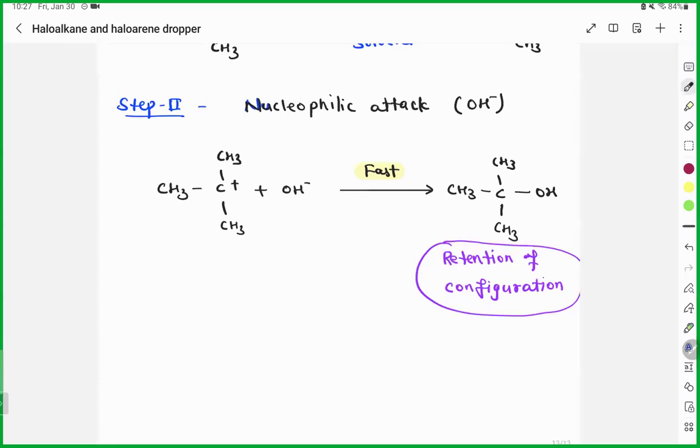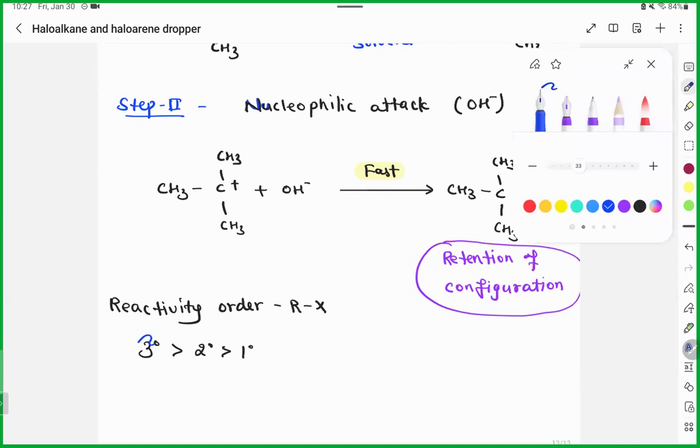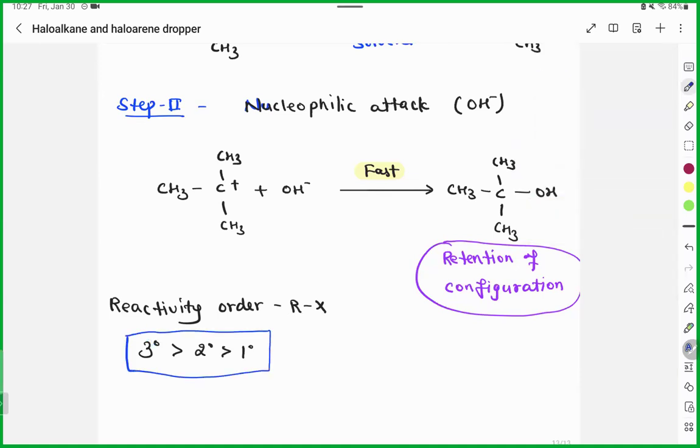That's why when you write the reactivity order in this case, the more groups, the more the reactivity. So it will be maximum for tertiary alkyl halide, then secondary, then primary. It means the halogen is the same, your R group is different, and based on the R group, this is the order.